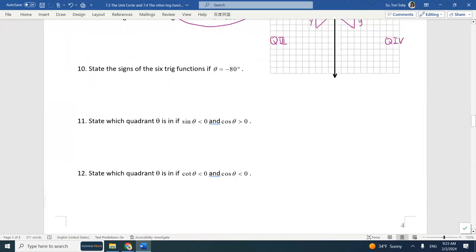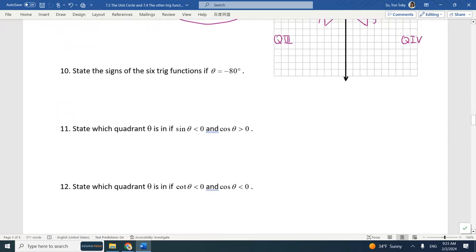Okay, let's continue. State which quadrant theta is in if sine theta is negative and cosine theta is positive. How do we think? What is sine in terms of x, y, r? Y over r.